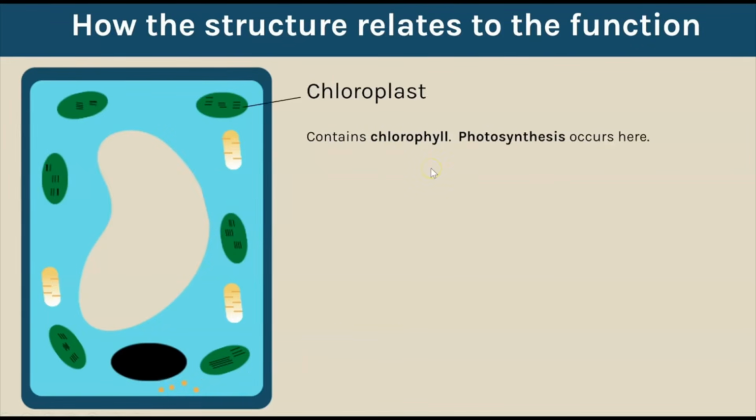Chloroplasts, which you only find in plants, are green because they contain a pigment, which is a protein which has a colour. They contain this pigment called chlorophyll, and chlorophyll absorbs the energy from light, and that energy is used in photosynthesis. So the chloroplasts' function is for photosynthesis, which is how plants make their food.